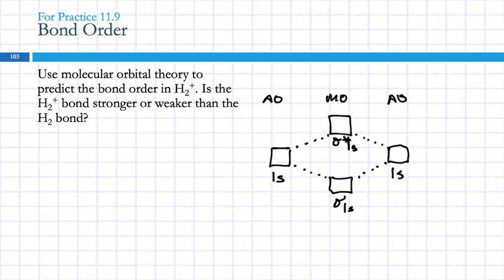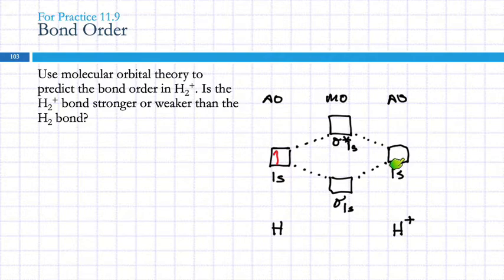So if we have an H2+, that means we've got two hydrogen atoms, but one of them has a positive charge. It doesn't matter if you put it on the right or the left. So this hydrogen, regular hydrogen, has one electron, and the hydrogen ion has no electrons, right?